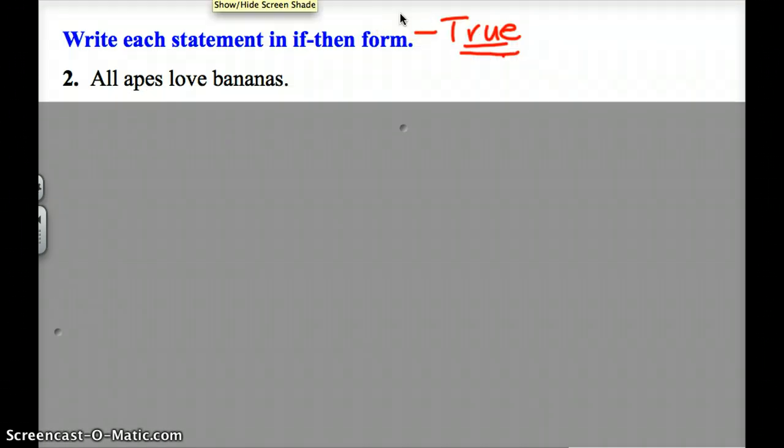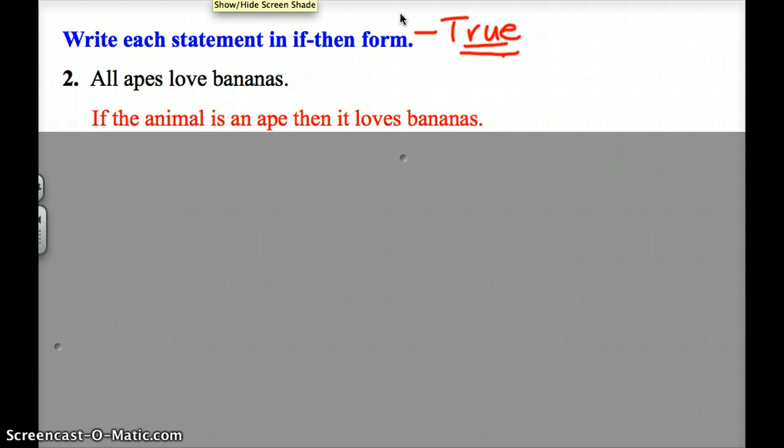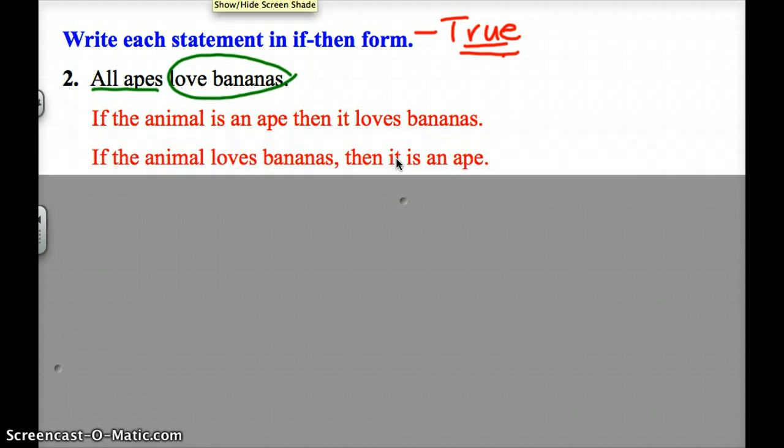All apes love bananas. So first I wrote, if the animal is an ape, then it loves bananas. So I identified my two parts here. I have apes and I have love bananas. The other way it can be written is, if the animal loves bananas, then it is an ape.